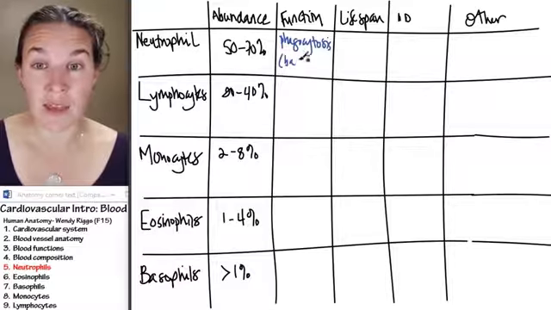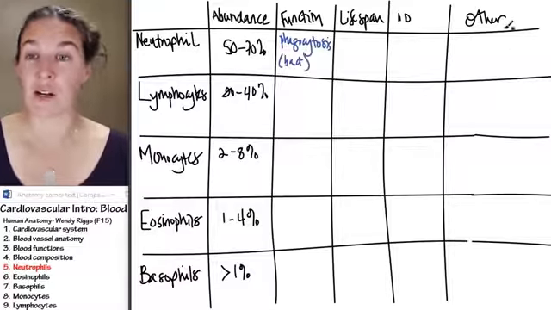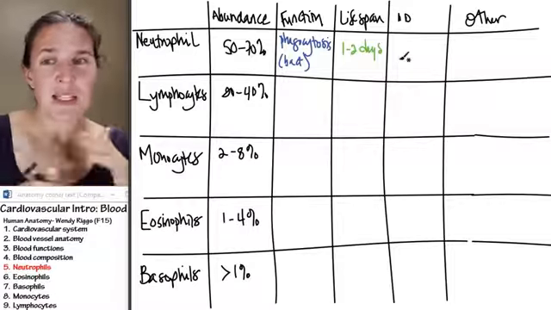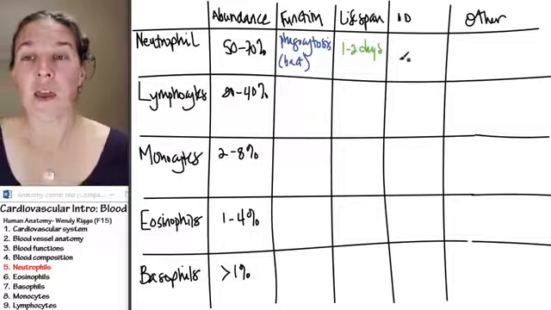That's who they mostly are getting rid of. They don't live very long, though. It's kind of a sad story. They live between 1 and 2 days. So they roam the blood. They're floating around in the blood. There's lots of them, relatively speaking, and they're just yumptializing bacteria everywhere they go.